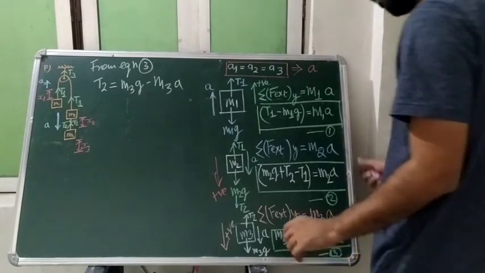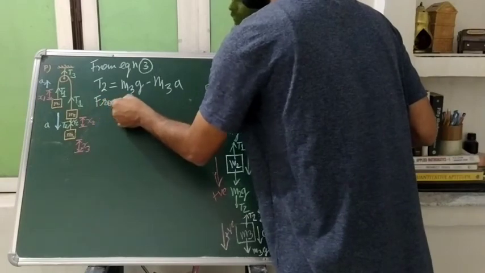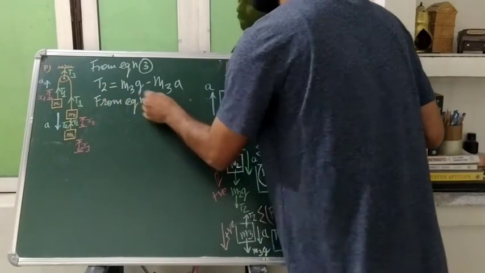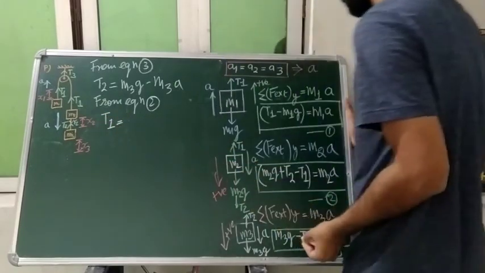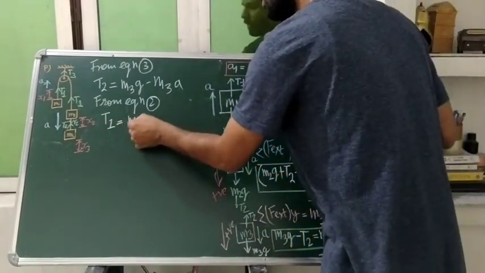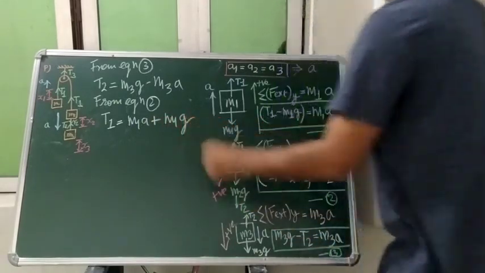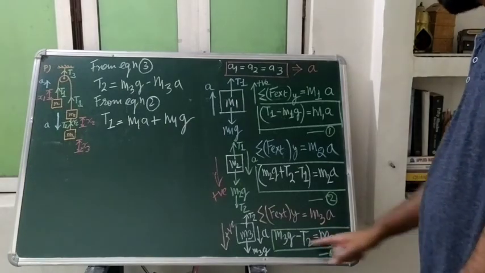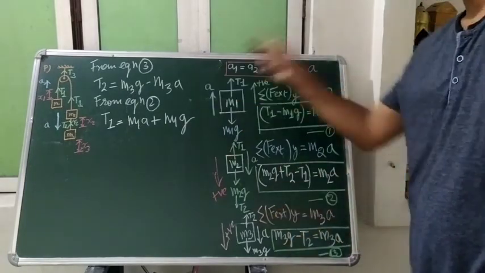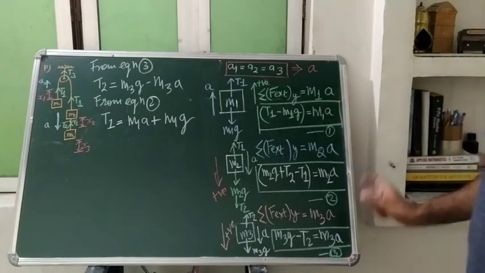Okay, and from equation 2, what will we have? T1 will be equal to what? T1 will be equal to M1 times A plus M1G. Is it? Look at these equations. T2 will become M3G minus M3A, and T1 will come M1A plus M1G only.